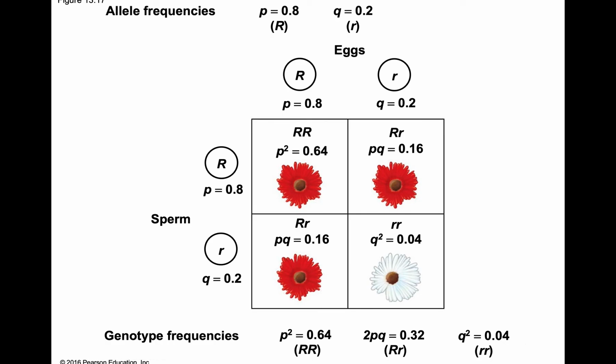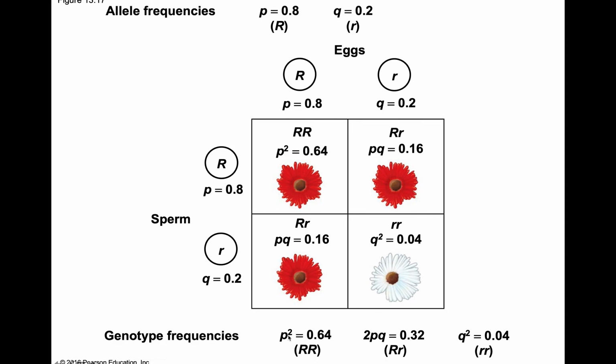So on an exam, they will give you the P, they will give you the Q. And what they'll ask you to do is basically this Punnett square and calculate the P squared, the PQ, and of course you're going to have 2 of those, 2PQ, and then the Q squared down here at the bottom with 2 recessives. And when you do that, you'll get your numbers down here for the genotype.